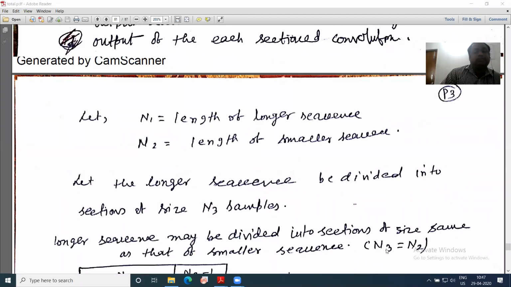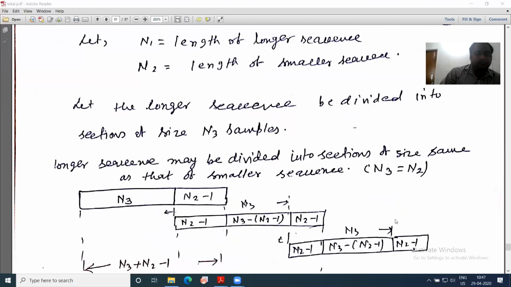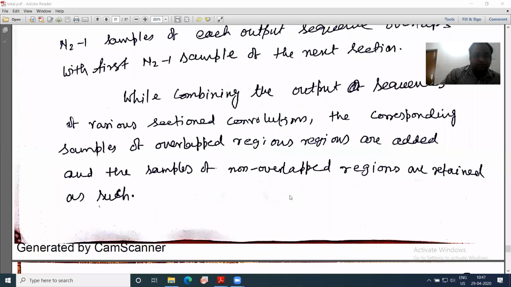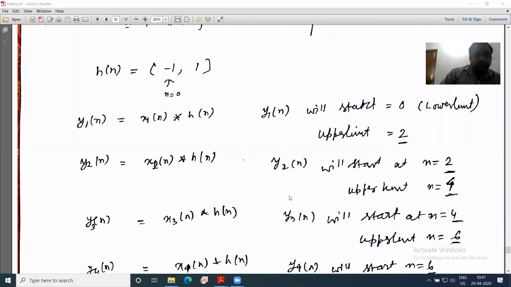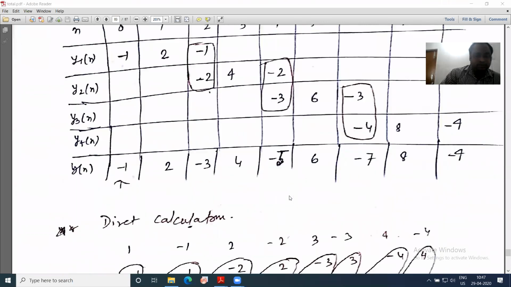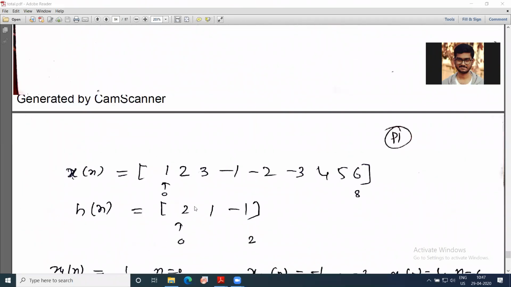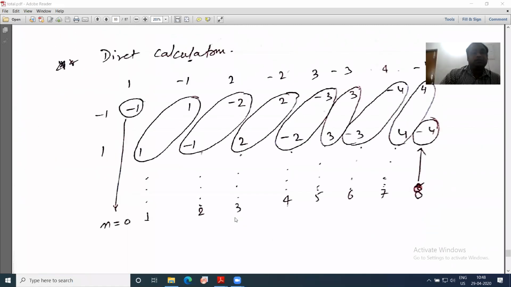So I always take n3 equal to n2, not an issue. Here n3 equals n2 equals 3 in the example I am discussing today. Agreed?